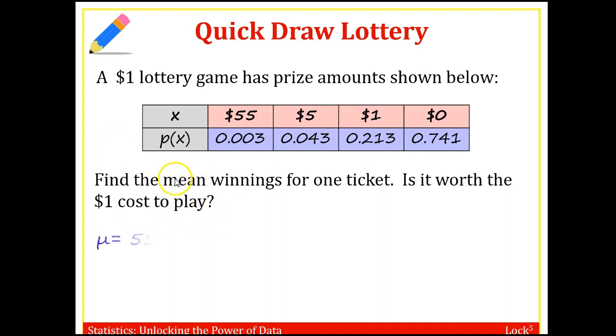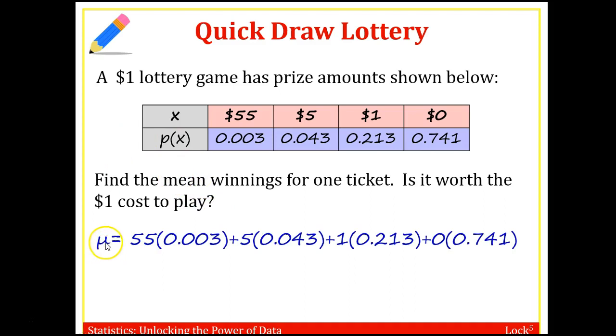So that mean with that formula would be that mu: $55 times the small percentage, multiply these two together, the $5 times the 0.043, multiply the $1 times 0.213, and then the zero's out, 0 times the 74. Add all these numbers together, and the mean value, again your mean winnings if you were to buy one ticket over and over again, would be 59 cents.